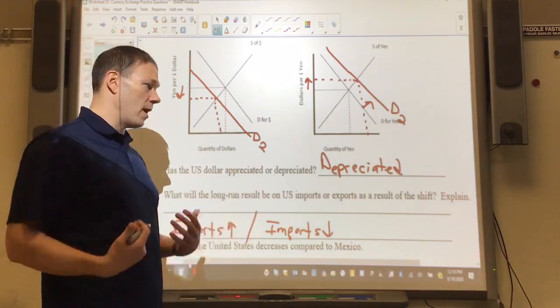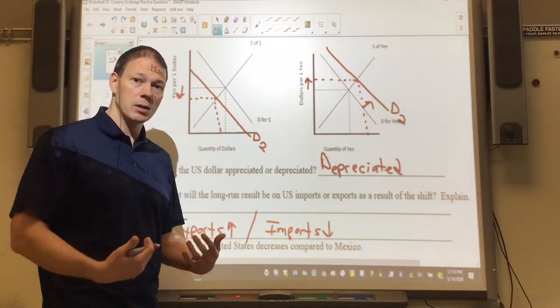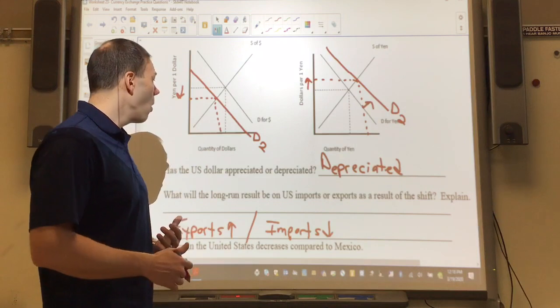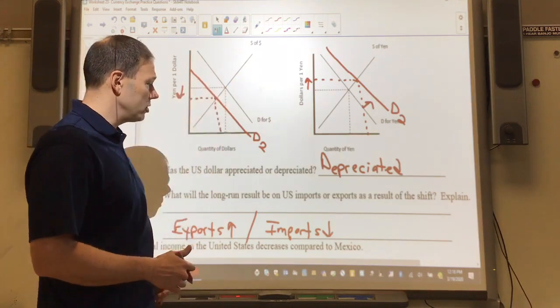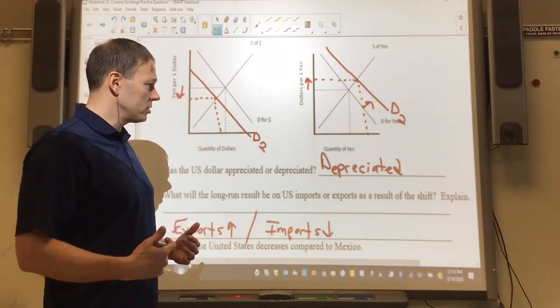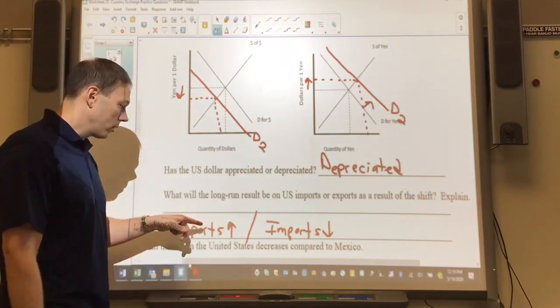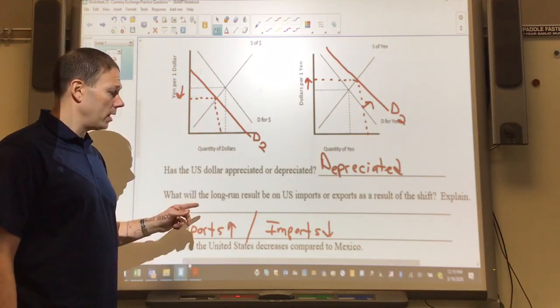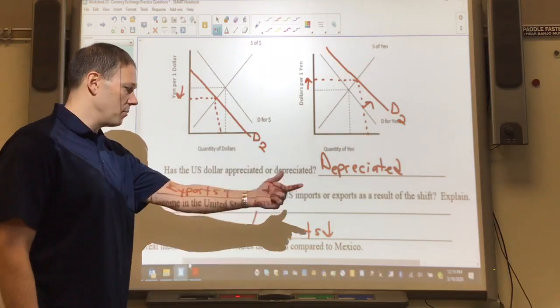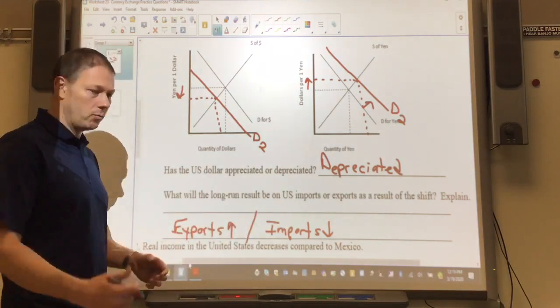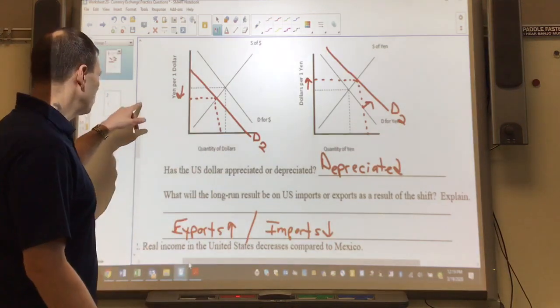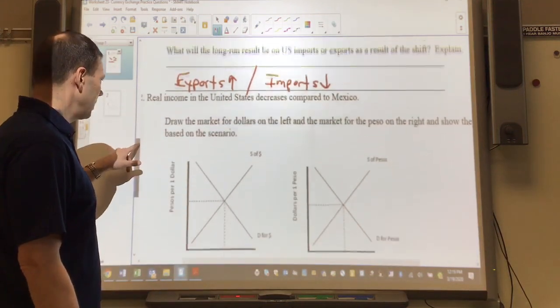Well, either they're going to turn around and reinvest that money back in America, and the money makes its way back that way, or because of the change in currency, it makes our stuff cheaper, and so they're going to start buying more of our stuff. Okay. Either way, we're going to see exports to Japan increase and imports from Japan decrease. Okay. Again, we're going to go through this for each one, so hopefully if it's not making sense, by the end it will make sense.